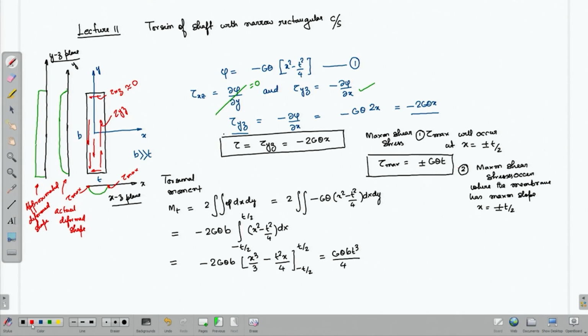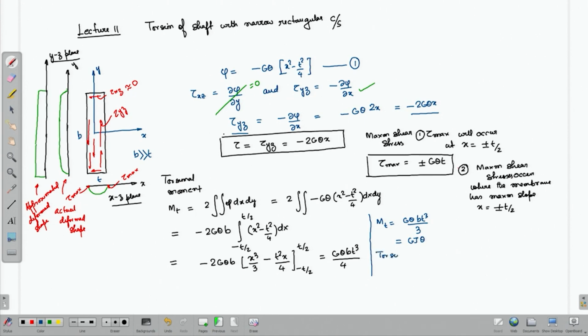Therefore, from membrane analogy we find out that Mt is going to be G theta b t cube by 3, which can also be written as GJ into theta, where GJ is the torsional rigidity of the cross section.